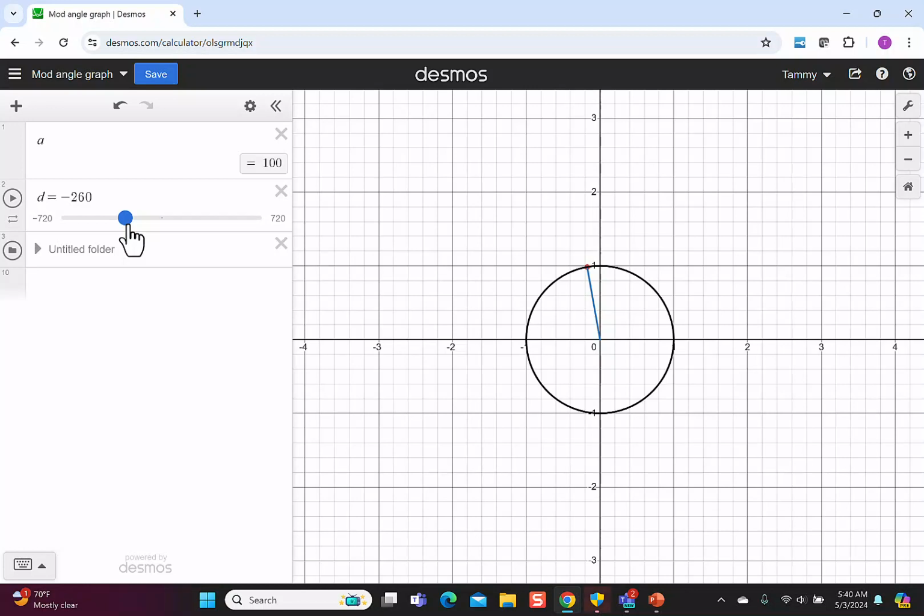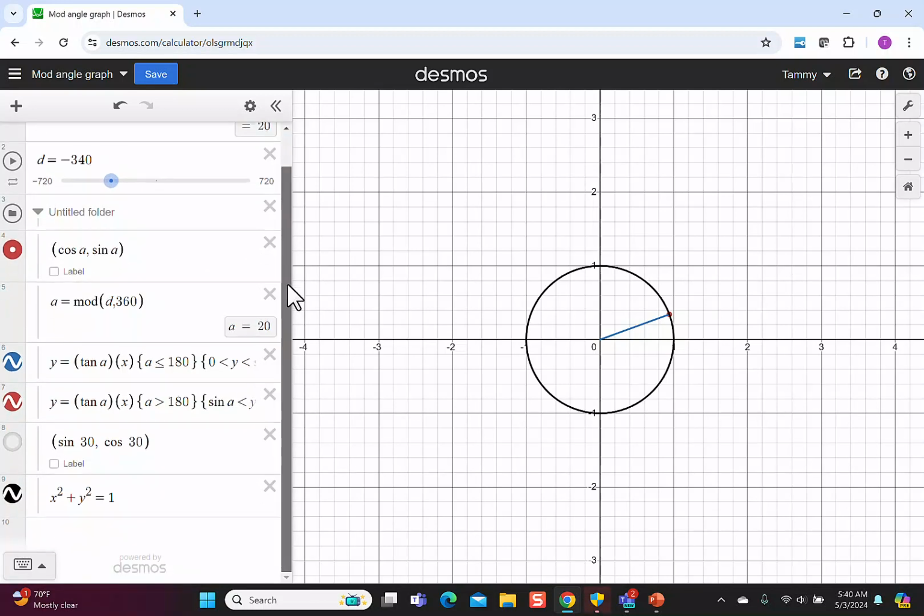What happened? Negative 260 plus a positive 360 gives me a positive 100. Mods are always going to be positive, which makes mods a really good operation to use when I'm trying to do coterminal angles. A little bit of the hidden magic behind this graph is this untitled folder.